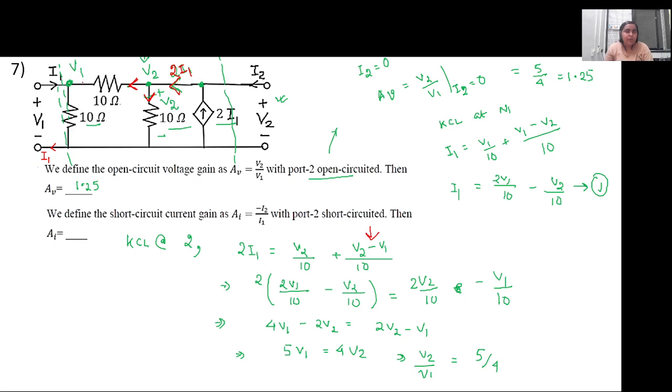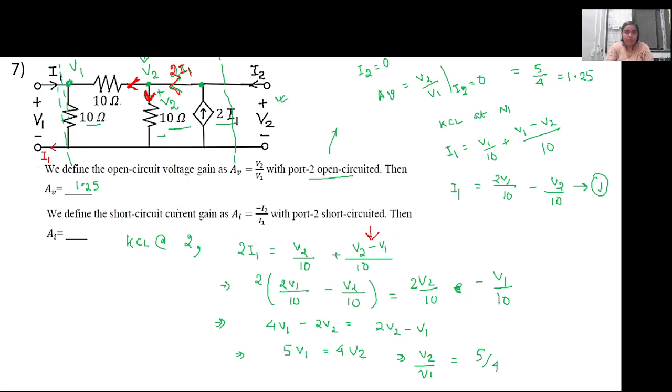And the 2I1 that this current source is giving will get balanced. It may be zero, it may not be zero. Got the point, ma'am. Yes, some part of this 2I1 will flow through this 10 ohm resistance, and some part may flow through this 10 ohm and 10 ohm combination and come back here to the source. So it is clear.